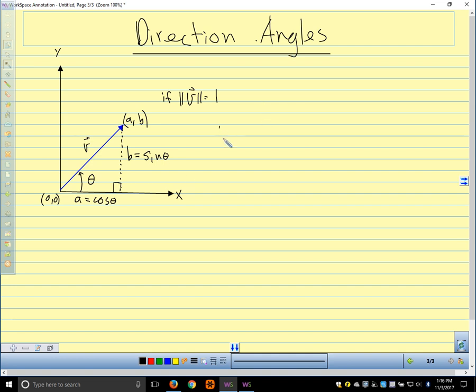We can write then that v in component form is <cosine theta, sine theta>. And that's the same as saying cosine theta i hat plus sine theta j hat. So we can talk about the vector in terms of the angle it makes with the positive x-axis.